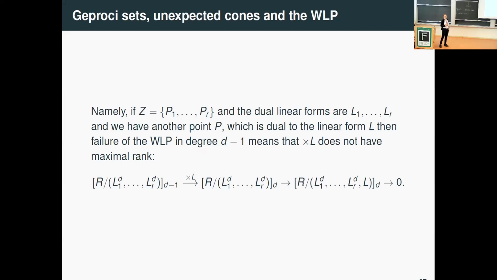So we have this set of points, P1 to PR, and the dual linear forms, L1 to LR, and another point and the dual linear form to this point, and then the failure of the weak Lefschetz property in degree d minus 1 means that this multiplication doesn't have the maximal rank, and this means that the cone is unexpected.